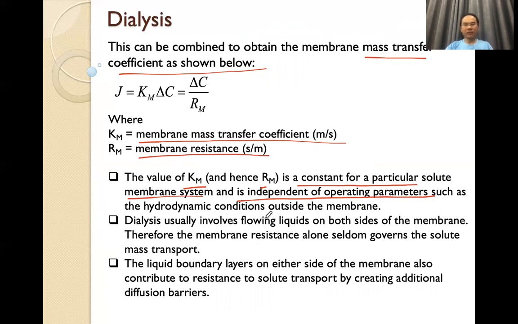Dialysis involves the flowing of liquid on both sides of the membrane. This indicates that the membrane resistance alone does not govern the solute mass transport, and the liquid boundary layers on both sides of the membrane also contribute resistance to solute transport. What does that mean?